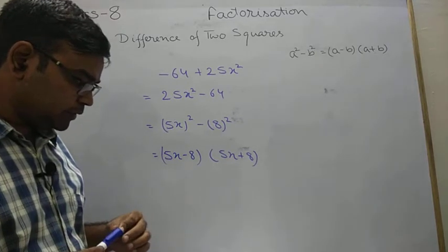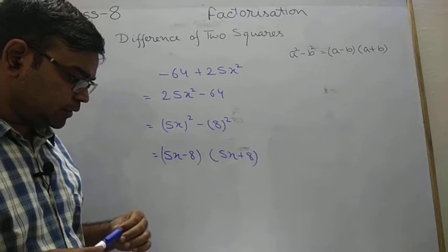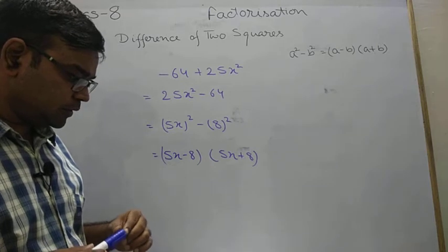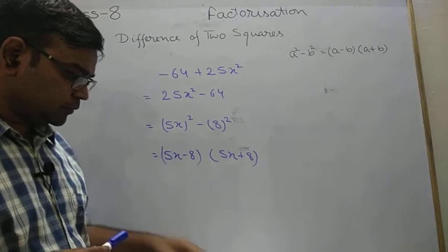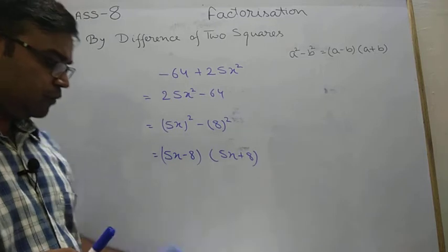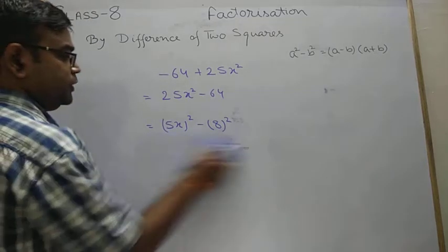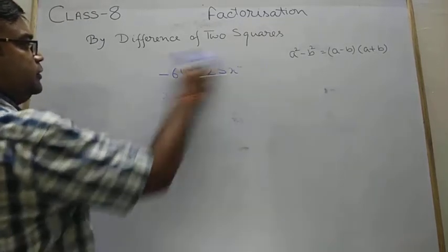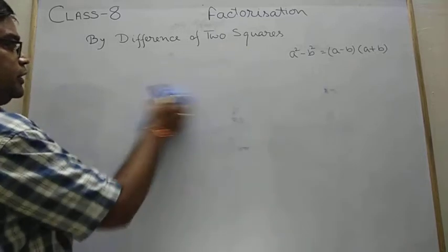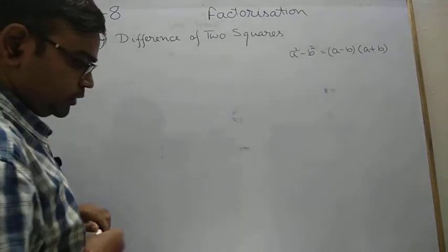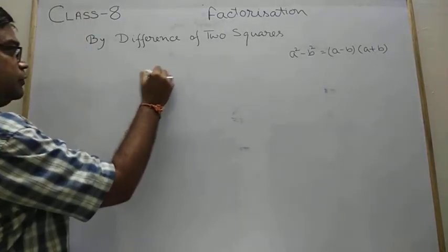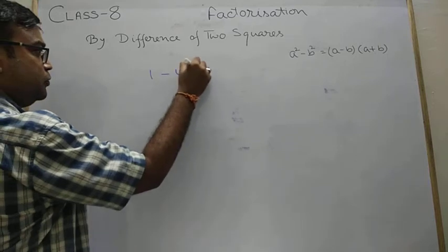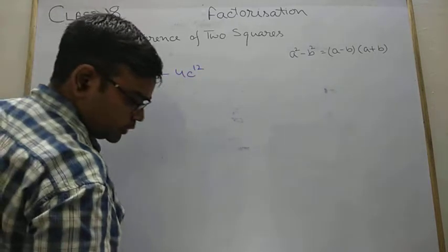Okay, one more question. I have 1 minus 4c to the power 12. This one looks interesting. Let's check whether it is interesting or not. It's 1 minus 4c to the power 12.